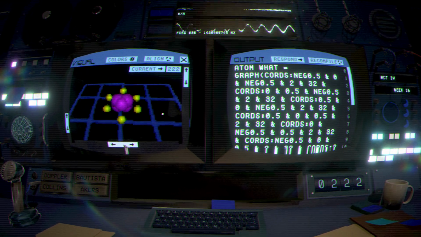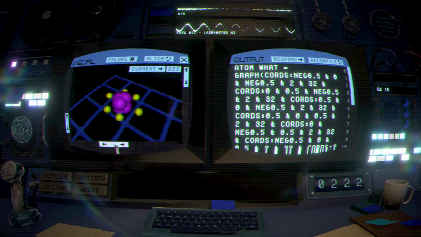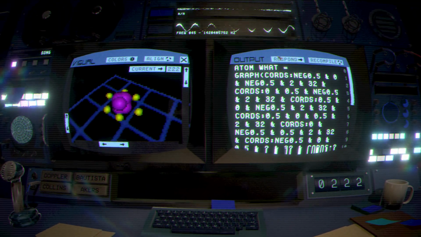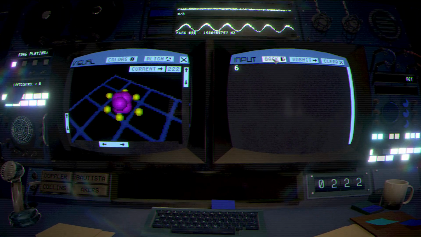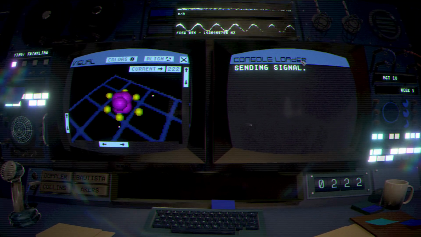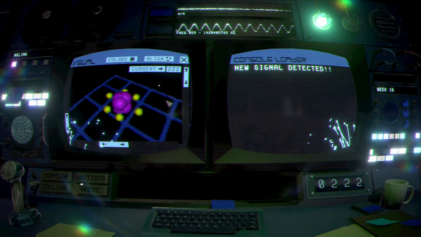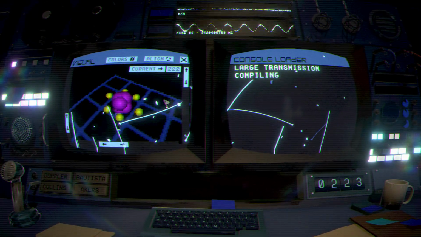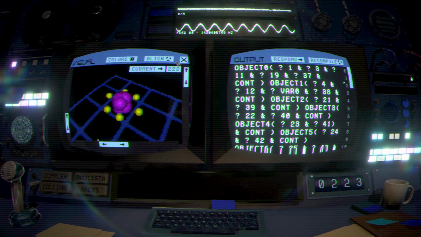So it's 6 and 6 again. I can't quite tell if one of these is going to be proton and one is going to be electron. It would be atom 6, I guess. Okay, it's not atom, it's element, perhaps?